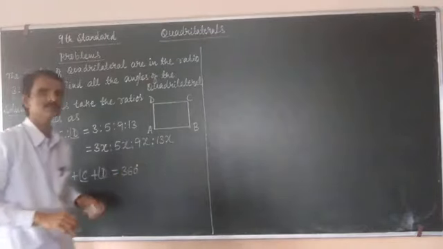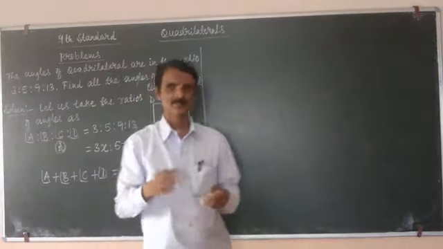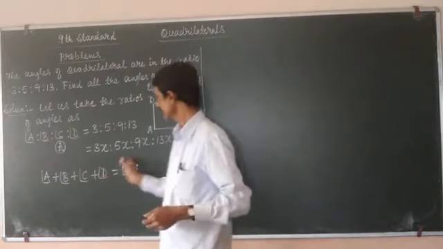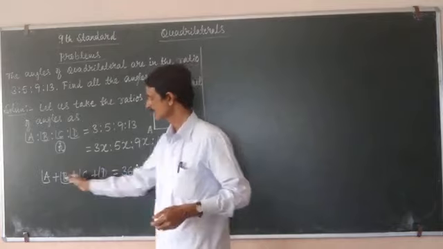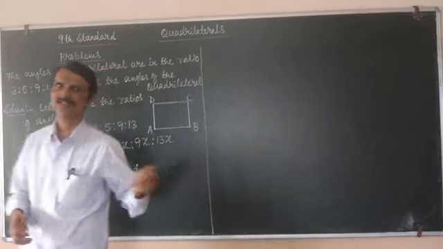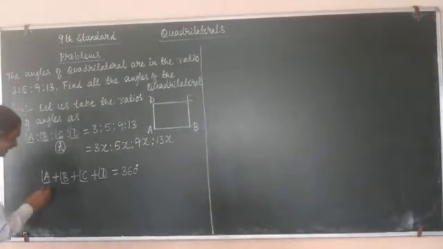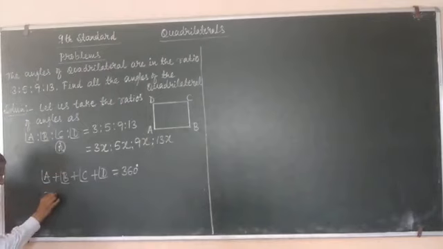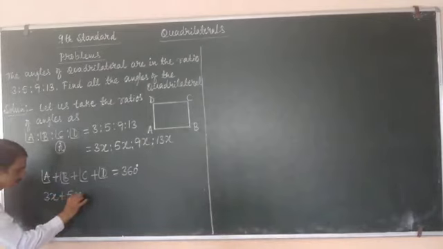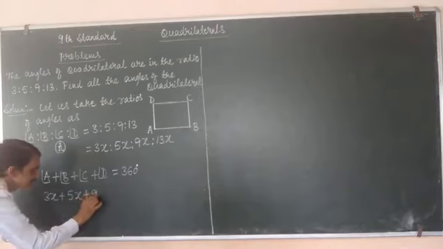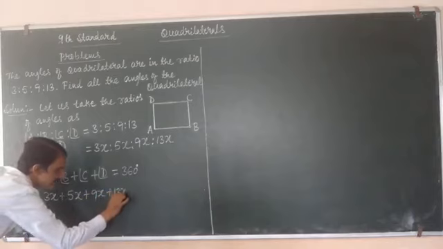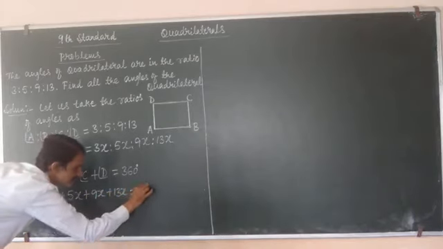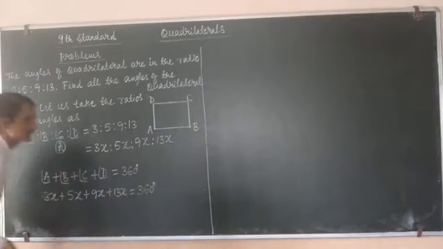Now substitute the values in the form of ratio: angle A is 3x plus angle B 5x plus angle C 9x plus angle D 13x equals 360 degree.